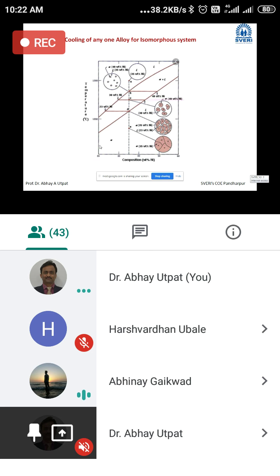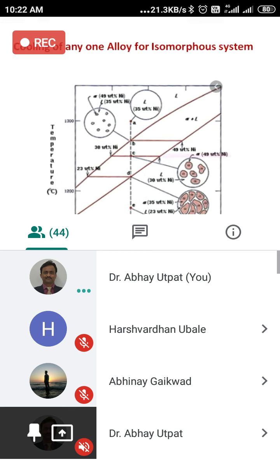Okay. Now this is the isomorphous system and I have taken one alloy for observing its cooling behavior. It is around 35% of the nickel. So if you see 35% of the nickel, you can expand your screen.